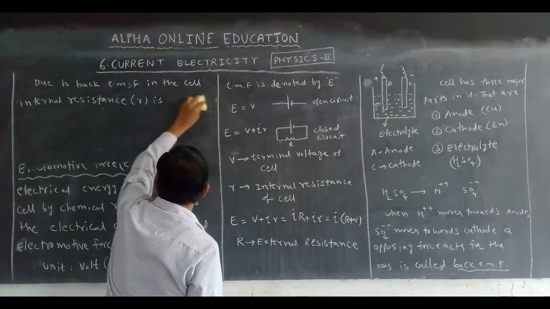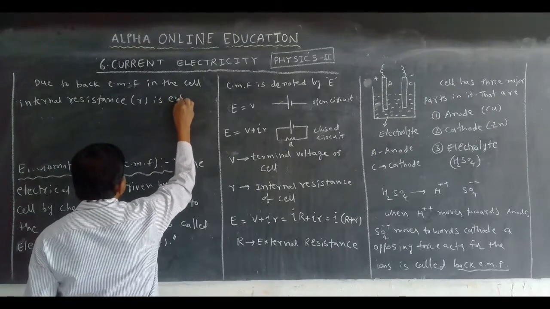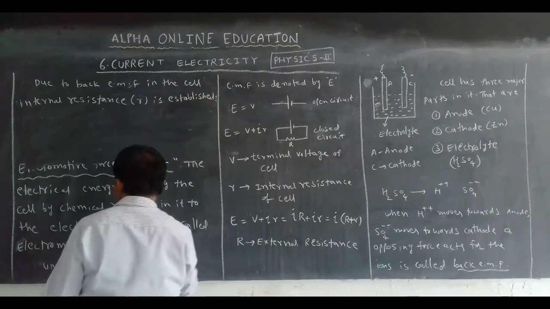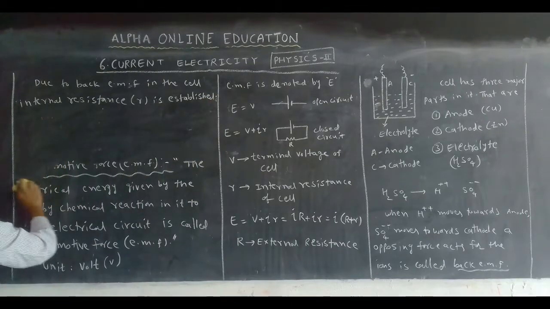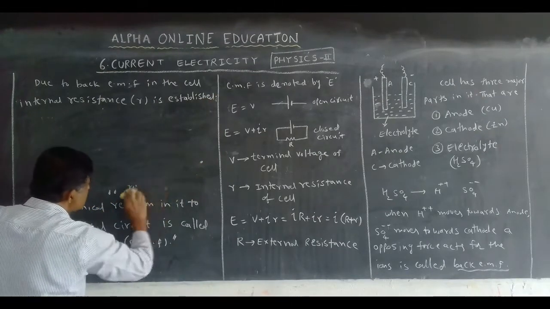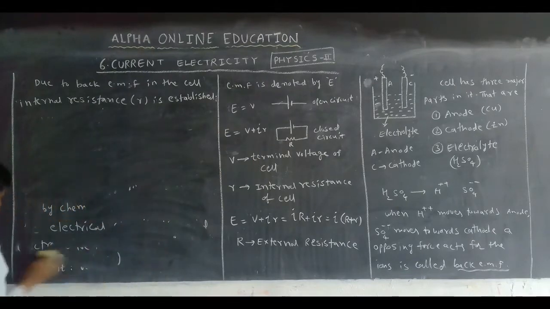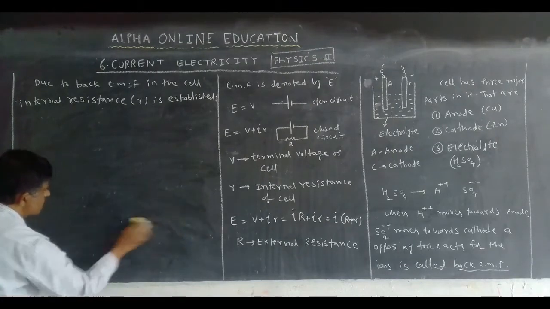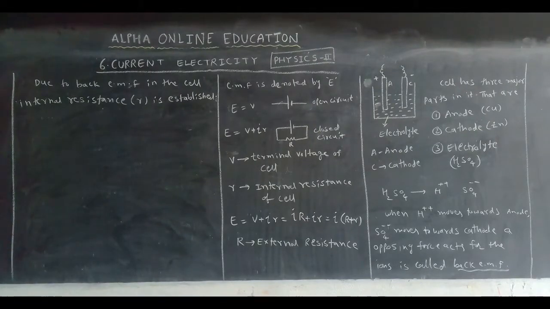This internal resistance depends on some factors. Okay. Now what is the internal resistance? A resistance inside the cell emerged from back EMF is called internal resistance.